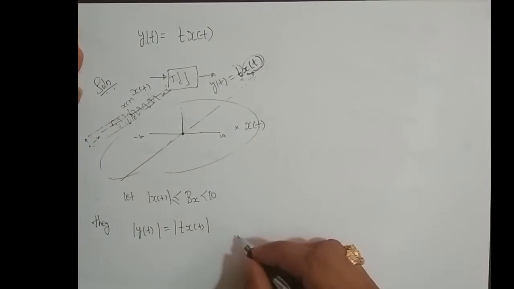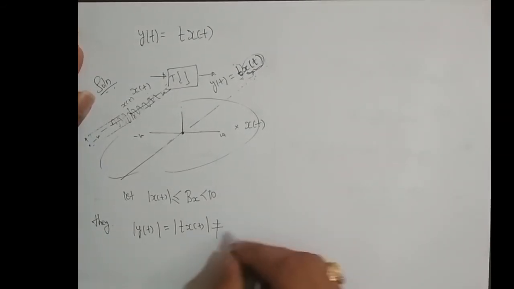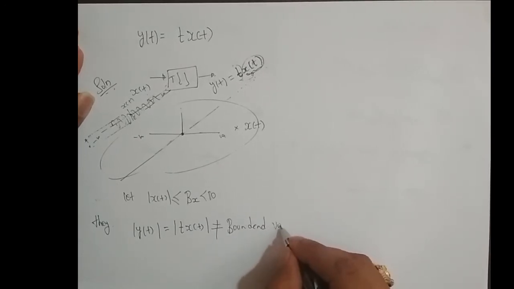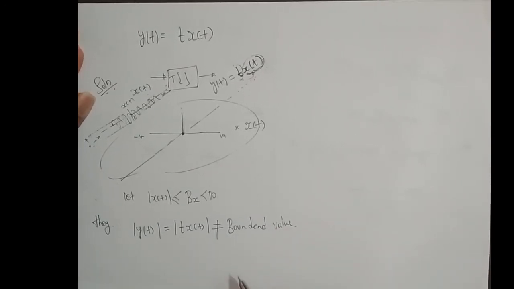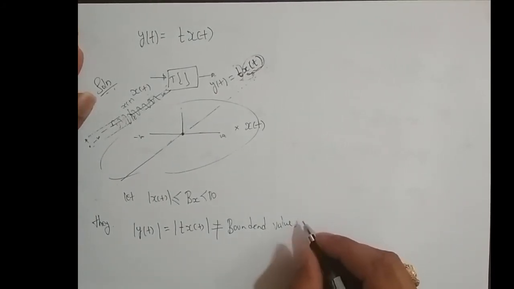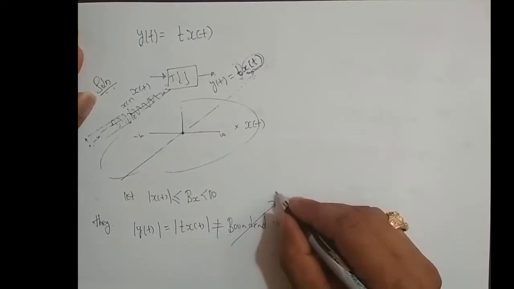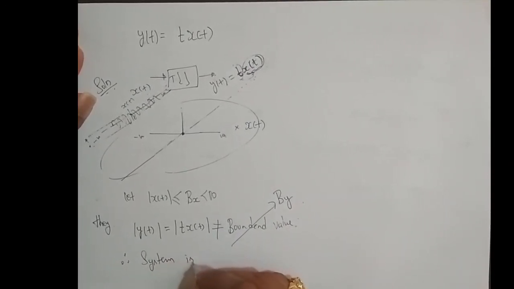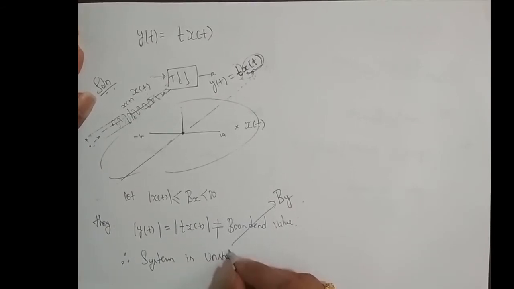So it goes to infinity, right? Which is not equal to a bounded value. If I apply a finite input signal, the output is not bounded. So therefore the system is unstable.